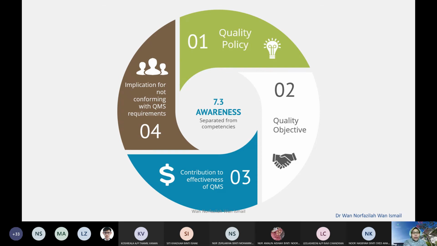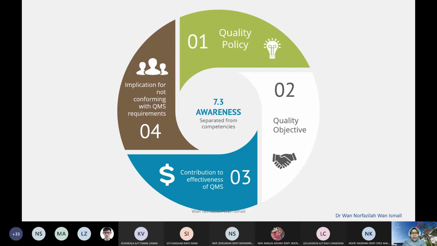Okay, once industry use the new version of ISO 9001, saya pun upgrade ataupun update ataupun do revision from previous syllabus to new syllabus based on ISO 9001 new version. That is one of maintain documented information.